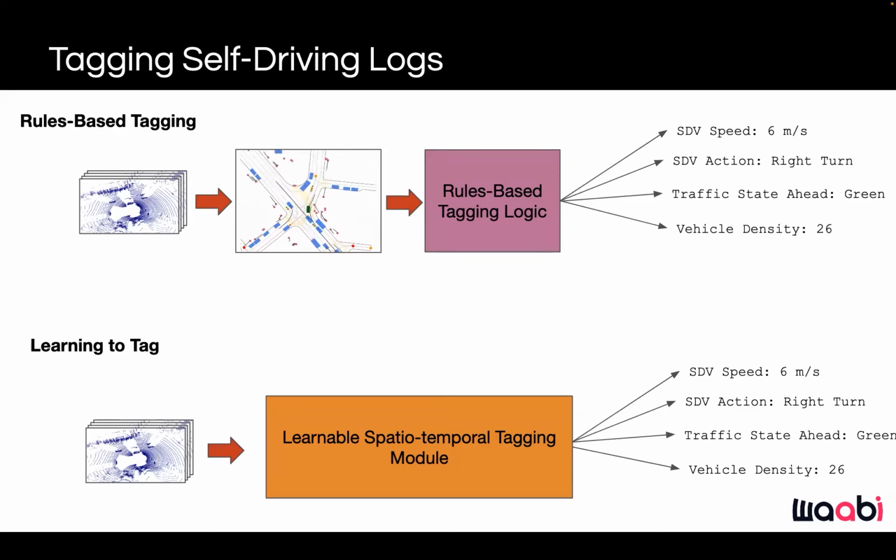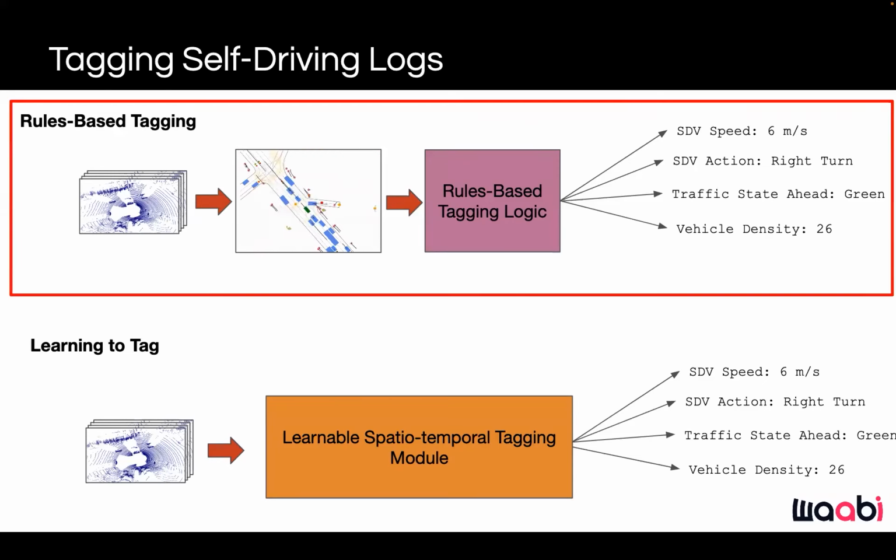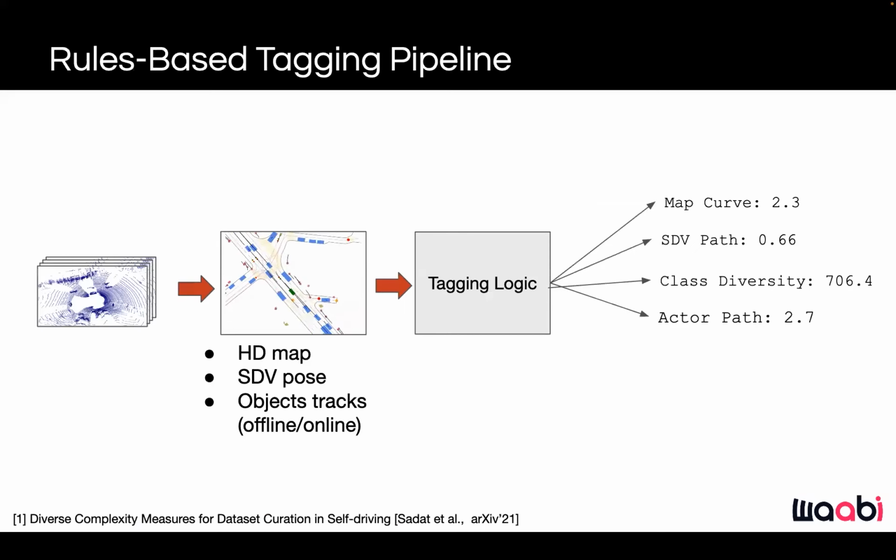So you can maybe use your favorite LLM here. All right, so for rules-based systems, let's look at what we have. We have more than just the output of a perception system, right? We can use the high-definition map, because maybe some of those concepts of interest might be map topologies that are different. And also we have everything recorded for the self-driving vehicle, right?